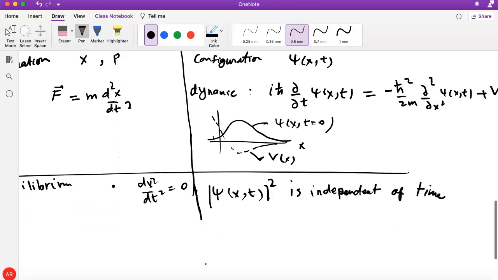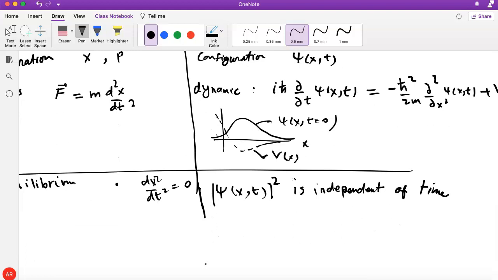So that's the notion of equilibrium in quantum physics. And it turns out these correspond to separable solutions. This is something I'm just stating now, and we'll see how it works out.